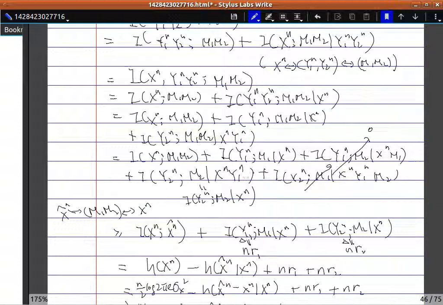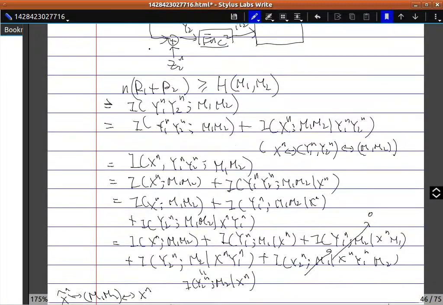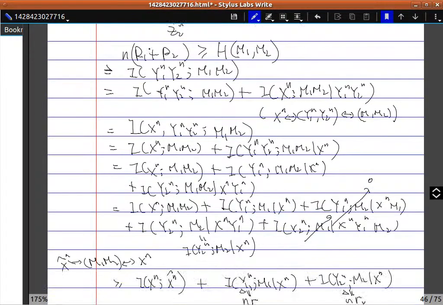For this term, I have y2^n, m2 given x^n, and also y1^n. Given x^n, we don't need to care about y1^n, because again we have basically a Markov chain of x^n, y1^n.